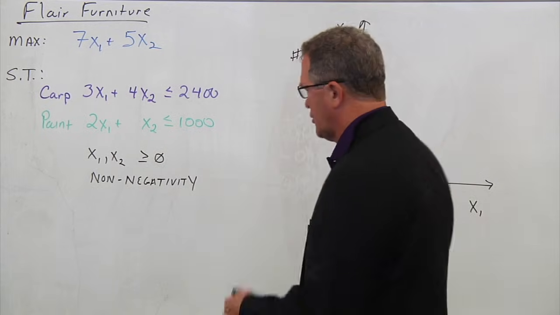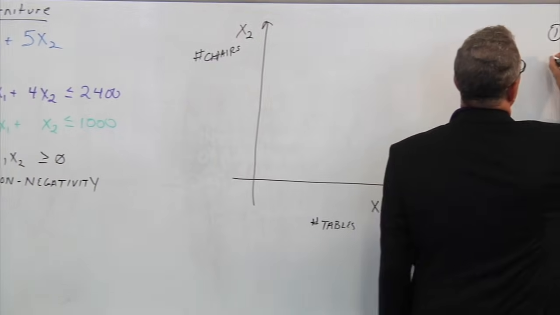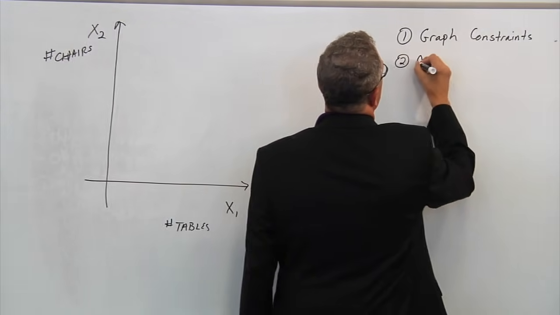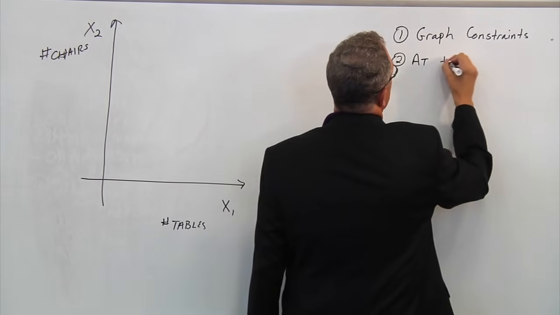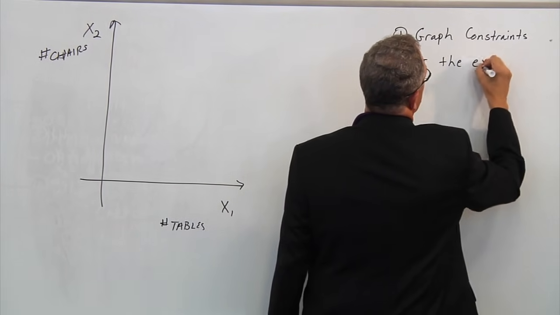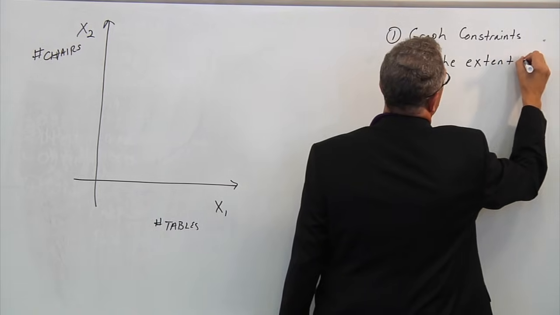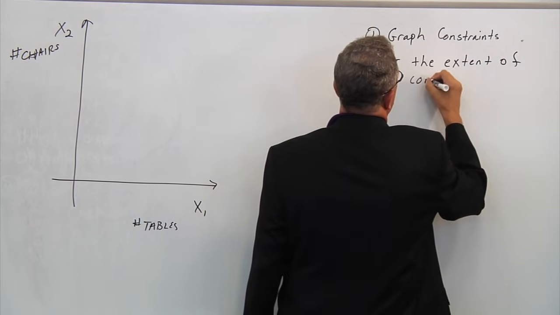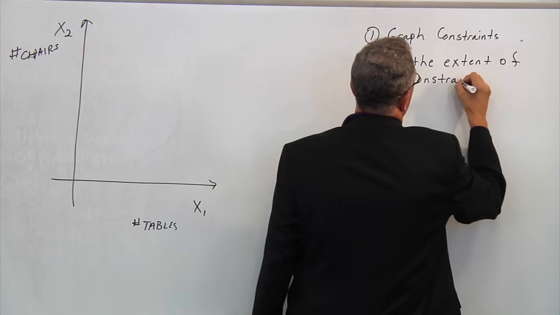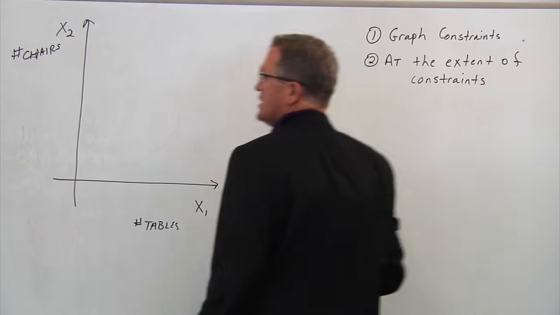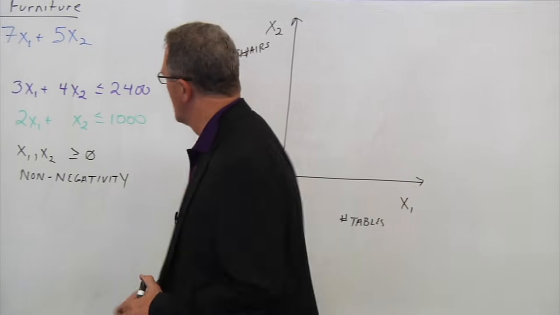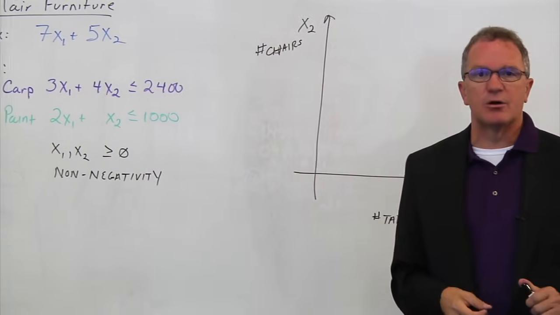Now the first thing we have to do is graph the constraints at the extent of the constraints. In other words, we're going to use the entire constraint. I'm going to use all 2,400 hours.